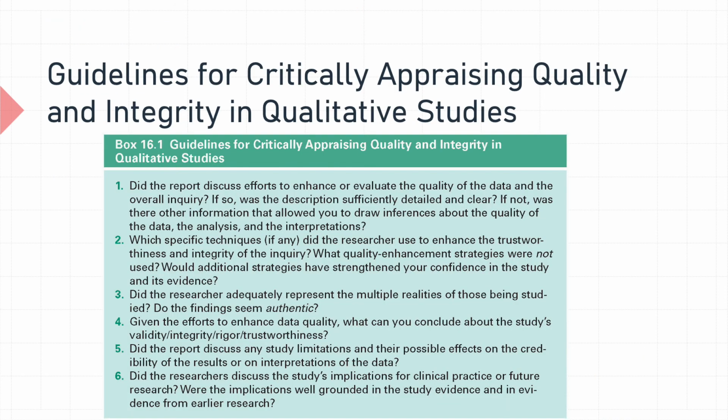And then finally, I will bring us back to box 16.1, guidelines for critically appraising quality and integrity in qualitative research. This is really important. The researcher must earn the trust of the reader.